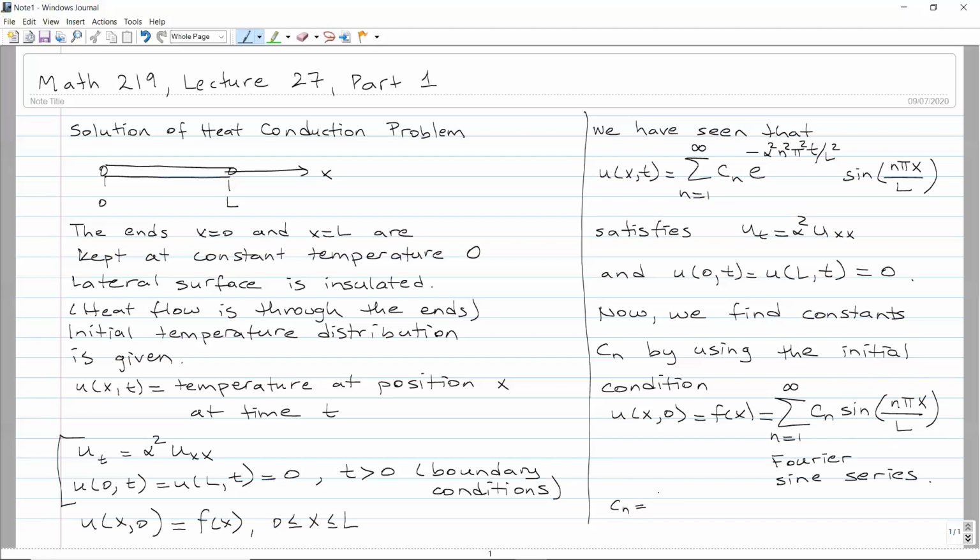So the constant in front of the sine part in the Fourier series, c_n in general from the definition, is given by 1 over L times the integral from minus L to L of f(x) sine n pi x over L dx. Now our function here is only defined for x from 0 to L. It is not defined for the interval from minus L to 0.